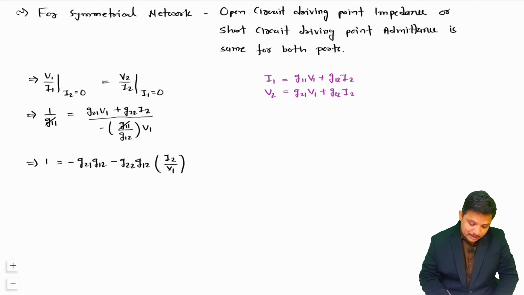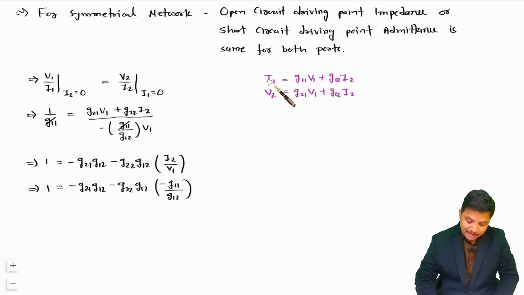Now you see on this side we have I1 is 0, and when I1 is 0, I2 by V1 is what we need to find. When I1 is 0, I2 by V1 is minus of G11 divided by G12. Let me substitute that. So you see I have substituted I2 by V1 when I1 is 0, which is minus of G11 divided by G12, right? So what will happen?